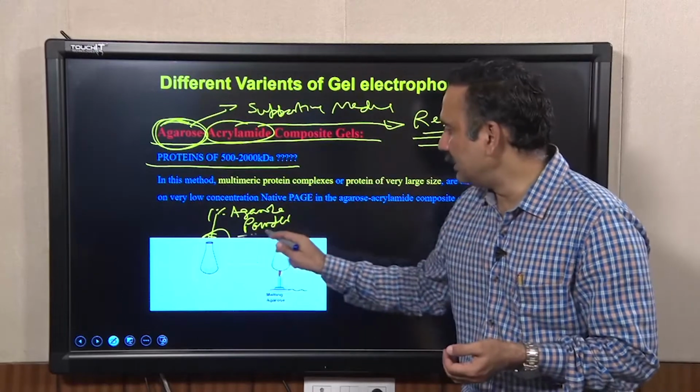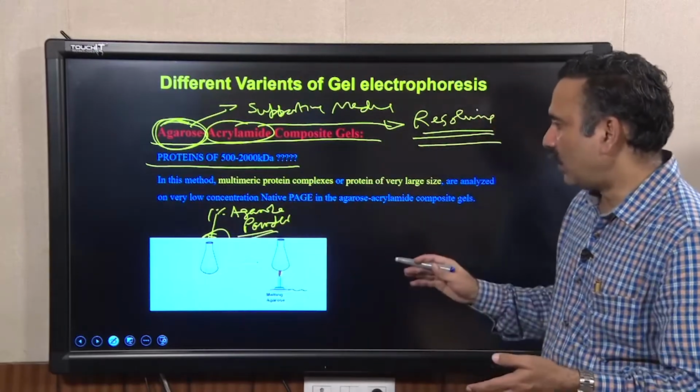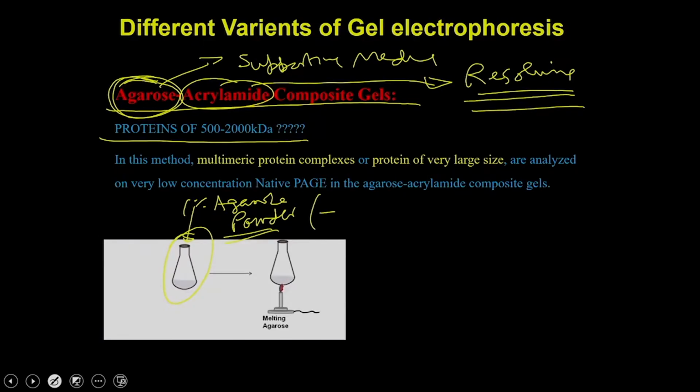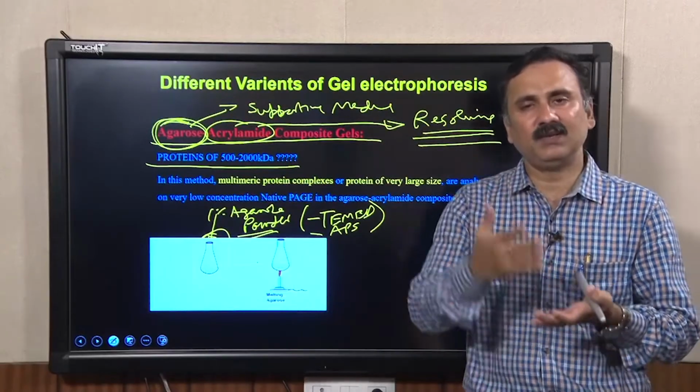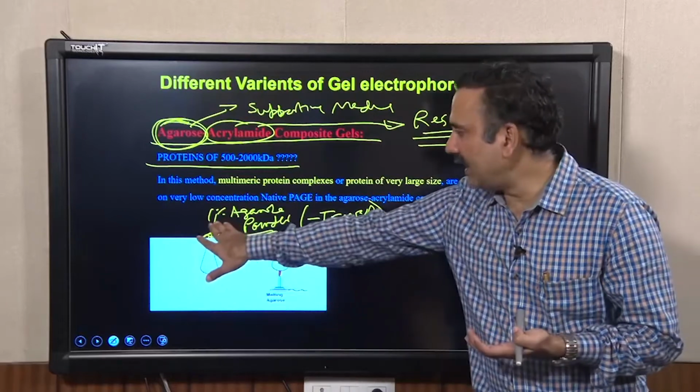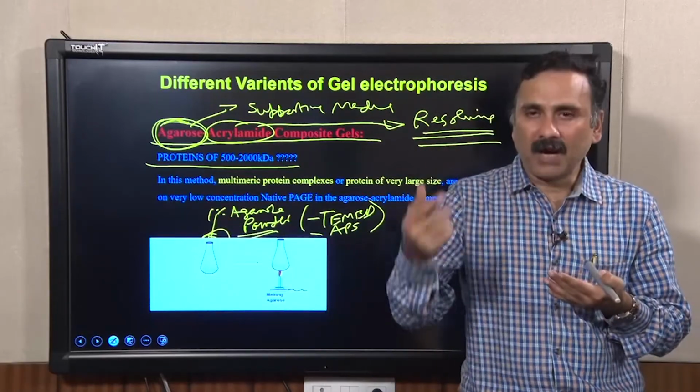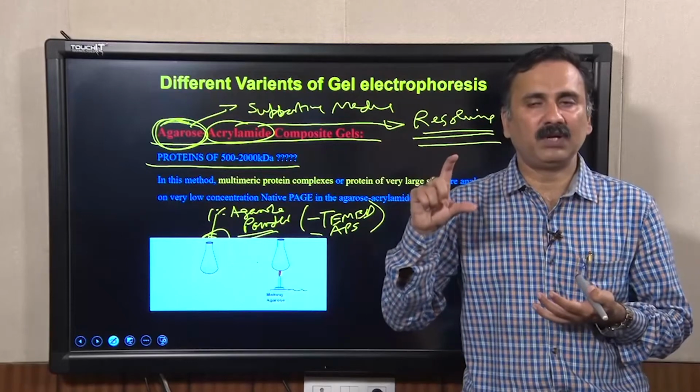You boil it and let the acrylamide dissolve. The only thing is that you should not add TEMED and APS at this step. So, you prepare the complete acrylamide solution, which means you take the acrylamide, add the SDS, add the Tris, add everything, and then add the 1% agarose powder as per the calculation for that particular volume.